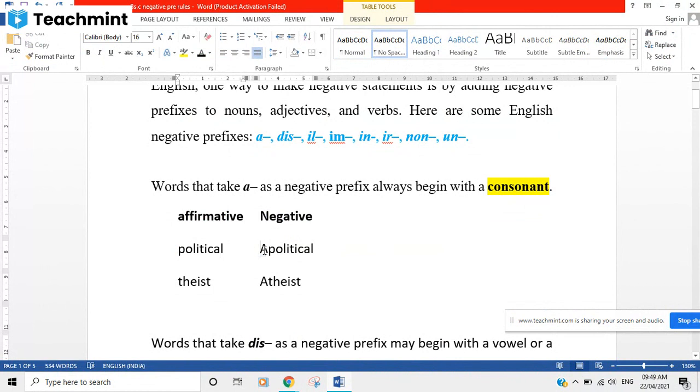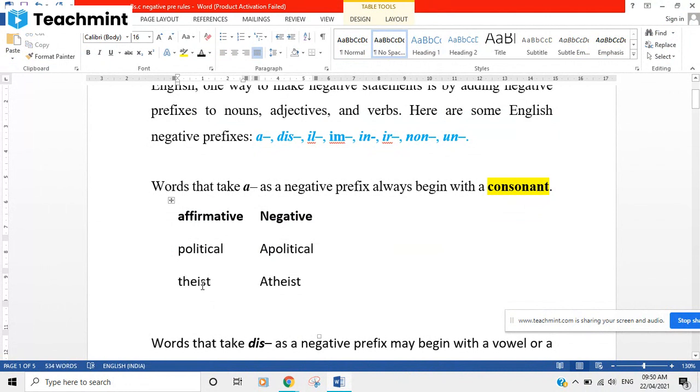On the other hand, an atheist is a person who doesn't believe in the existence of God, and that is why the negative prefix is used before this word. I think this was asked in last year's university exam. So remember this.